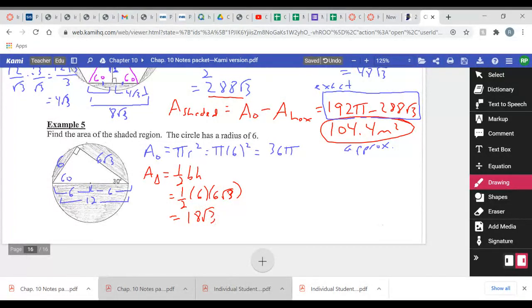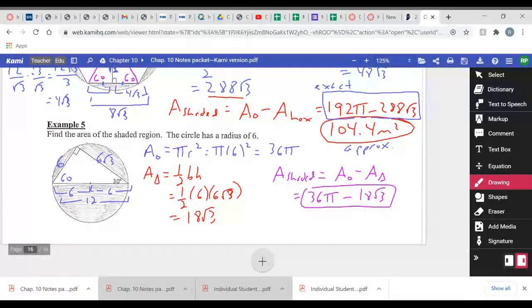I already found my area of the circle. So again, I just need to say that the area of the shaded is equal to the area of the circle minus the area of the triangle. So area of the circle is 36 pi. The area of the triangle is 18 square root of 3. If they ask me for the answer in exact form, that would be it.